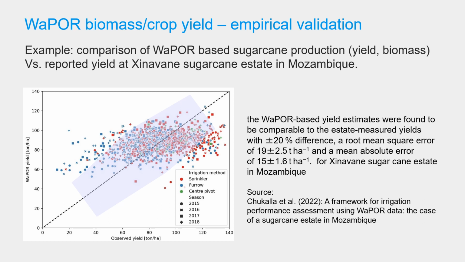In general, the results show that the WaPOR-based yield estimates were found to be comparable to the measured yield within 20% difference, a root mean square error of 19 ton per hectare and mean absolute error of 15 ton per hectare.